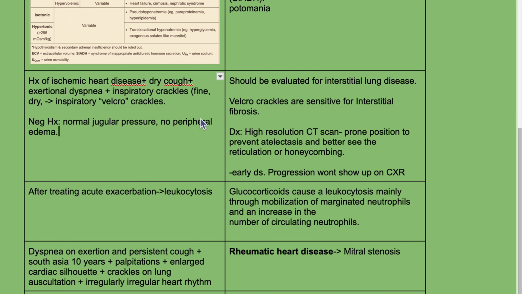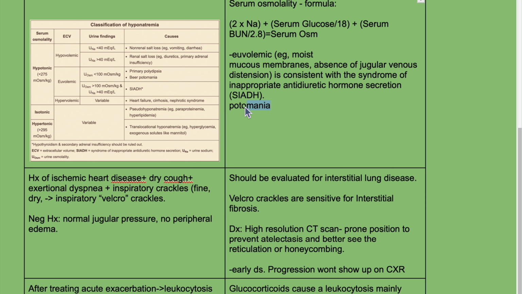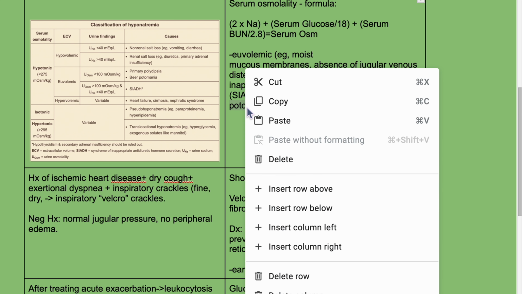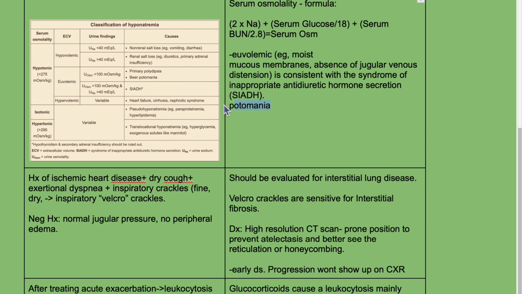Let me know in the comments. If euvolemic, urine osmolality is more than 100, and urine sodium is more than 40, it's usually SIADH, inappropriate secretion of antidiuretic hormone.